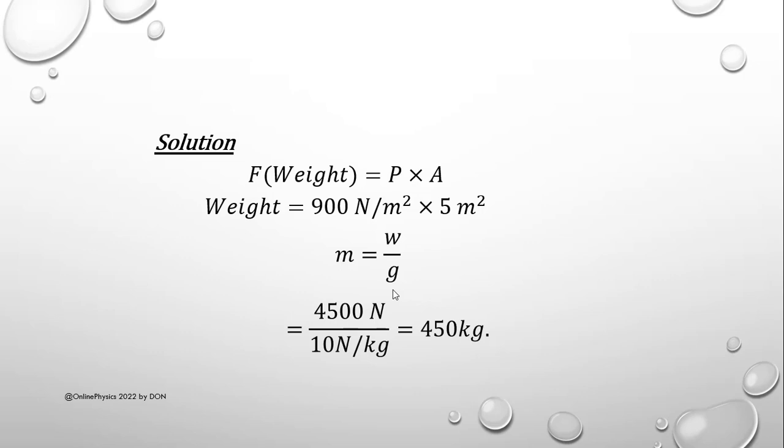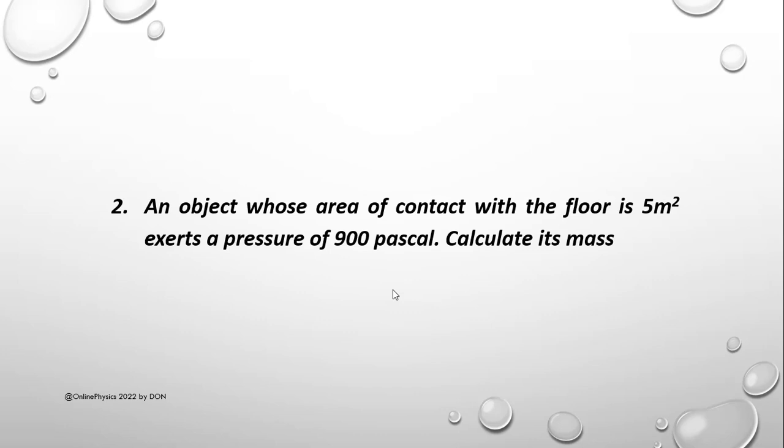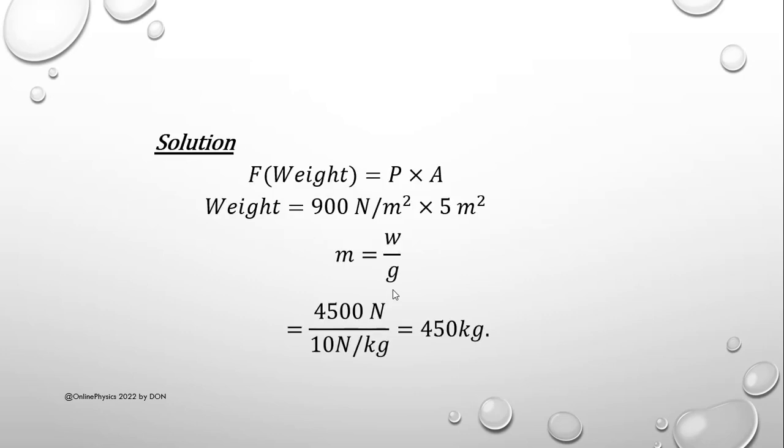The pressure from the question is 900 pascals and the area is 5 square meters. So 900 times 5 gives us 4,500 newtons.